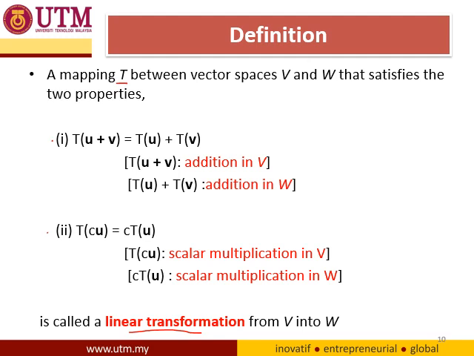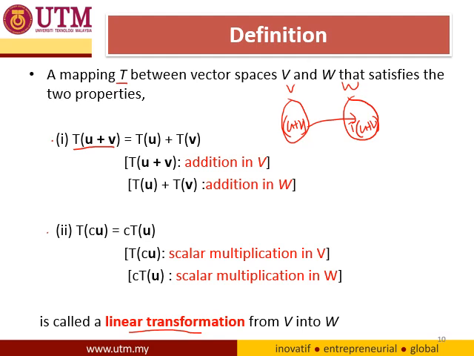Okay, let's look at the first one here. Let's say you have U and V, right? You have your vector spaces here. For this, you have U plus V first in the first vector space, V. And then you transform it into W. After you add, then you transform.